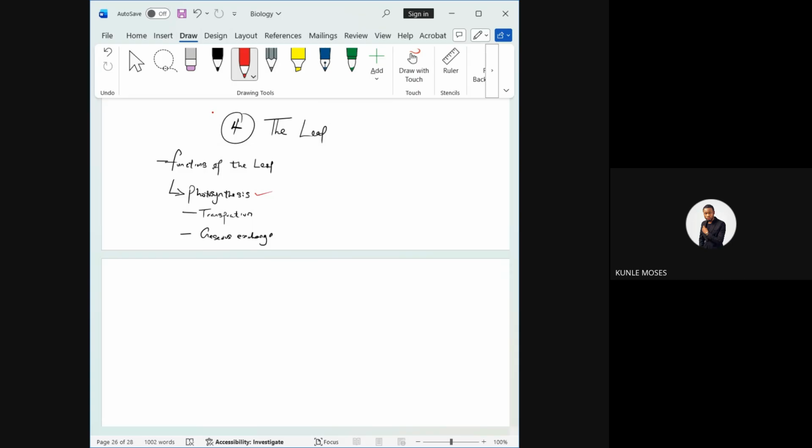So the third one is gaseous exchange. I believe you all understand what gaseous exchange is. Gaseous exchange simply involves the movement of oxygen and CO2 in and out of the cell. As one gas is leaving, another gas is entering. But the gases are specifically CO2, carbon dioxide, and oxygen. And also, through the same stomata, CO2 enters.